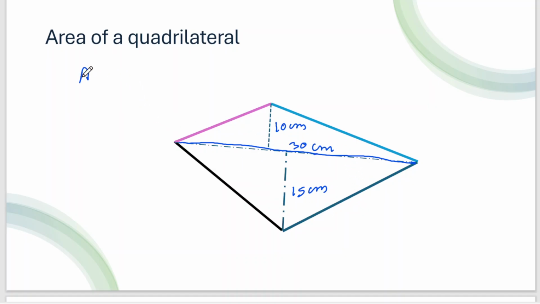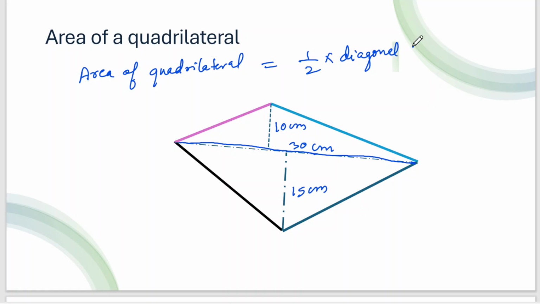Area of quadrilateral is equal to half into diagonal into the sum of the heights.